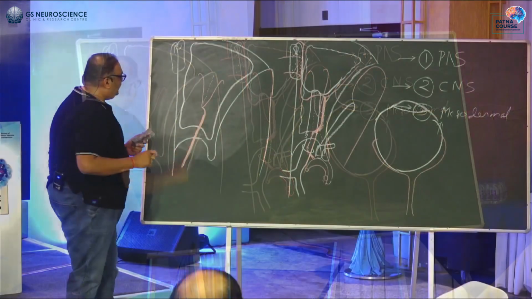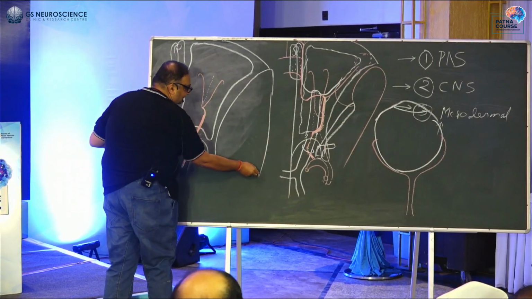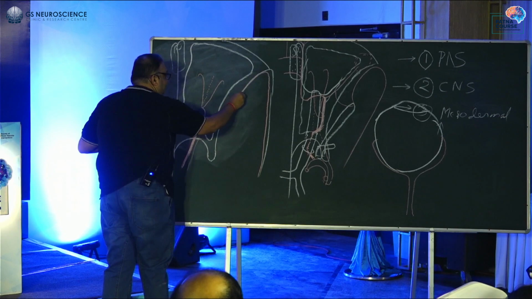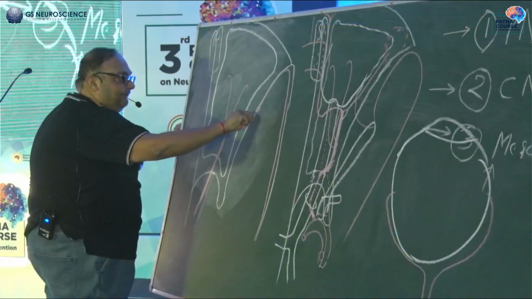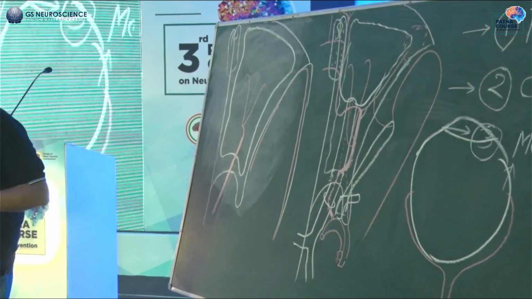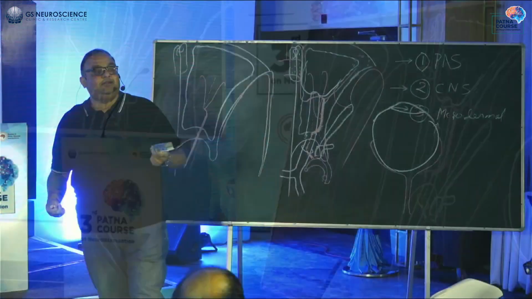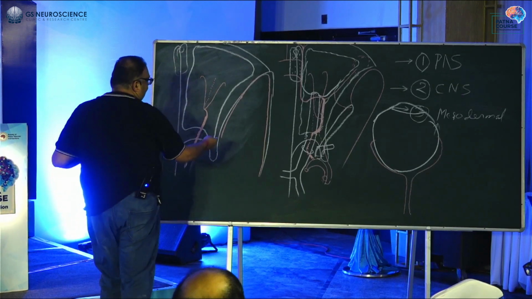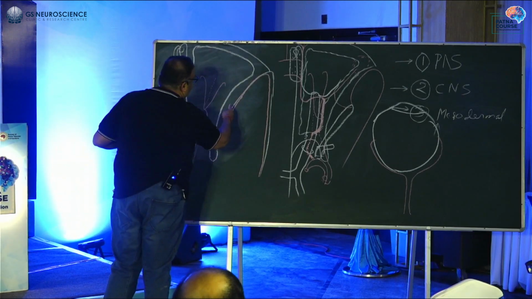So what is going to happen is, the middle meningeal artery has been formed from a posteriorly developing vascular system. That vascular system is going to give rise to the maxillary artery and to the middle meningeal artery.